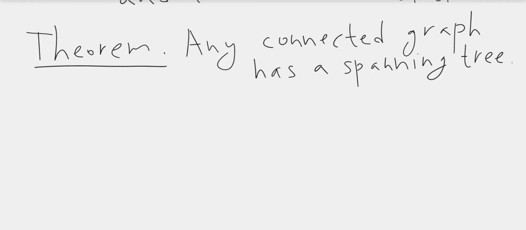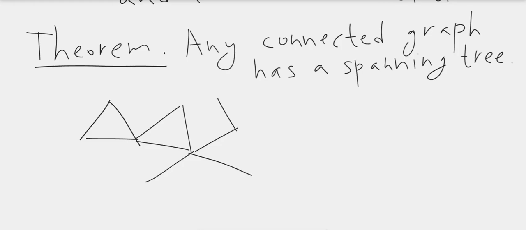Okay, so let's draw some example. Let's say we have some graph, something like this. So what would be the spanning tree here? By the way, it's not unique, but for example, we can take something like this.